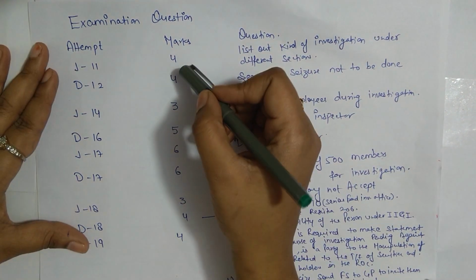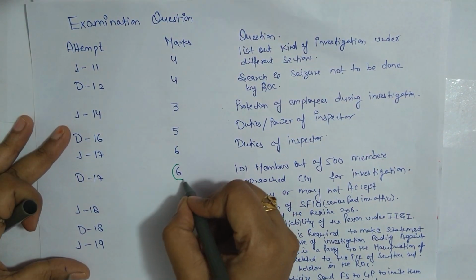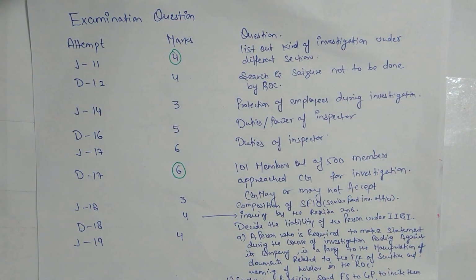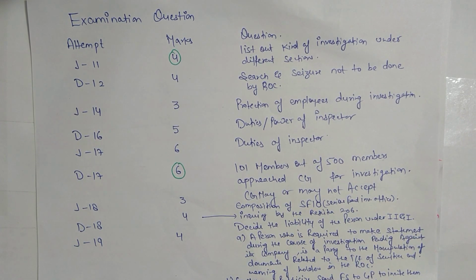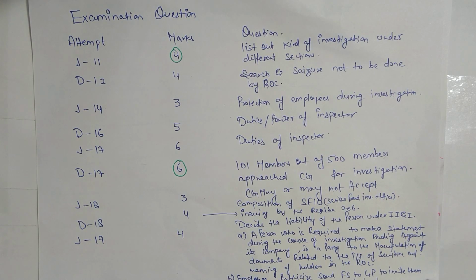So you see that 4 marks is the minimum and 6 is the highest. All in all, we have an average of around 4 to 5 marks from this chapter. My motive in showing you the exam questions is that as you go through each topic, you get to know whether it is important and asked by ICMAI, or not that important, or not yet asked.